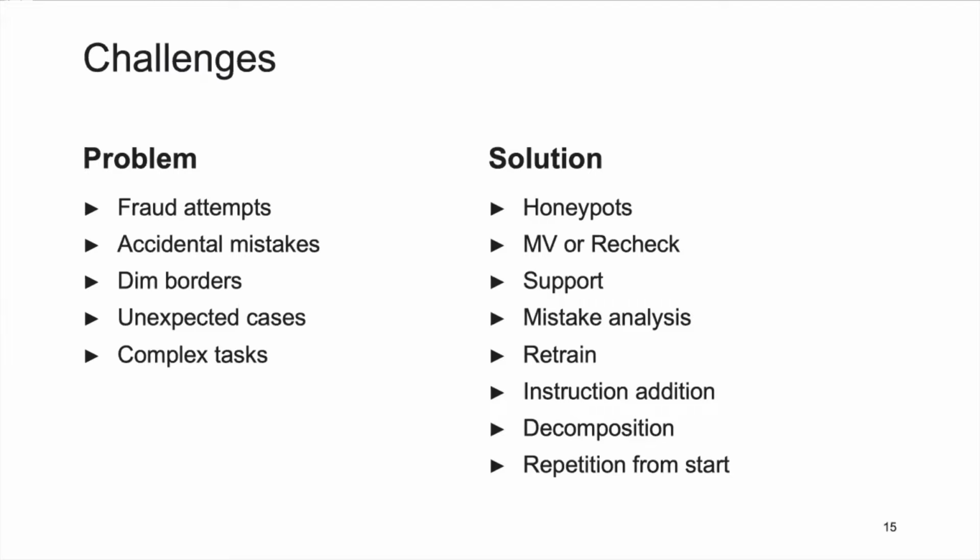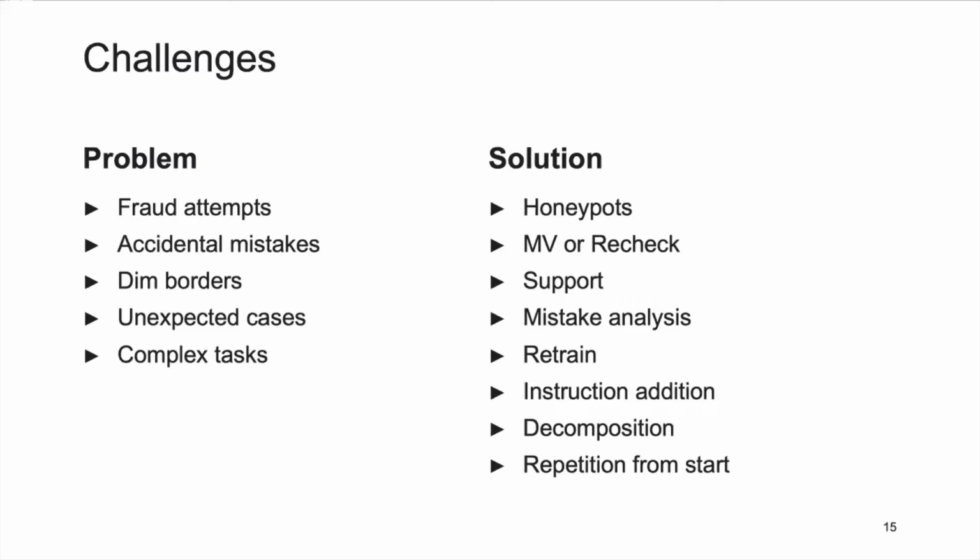To solve these problems, we should collect a big set of honeypots to decrease fraud attempts. We should use a majority vote or recheck to avoid accidental mistakes. Our support system helps Tolokers to answer their questions.